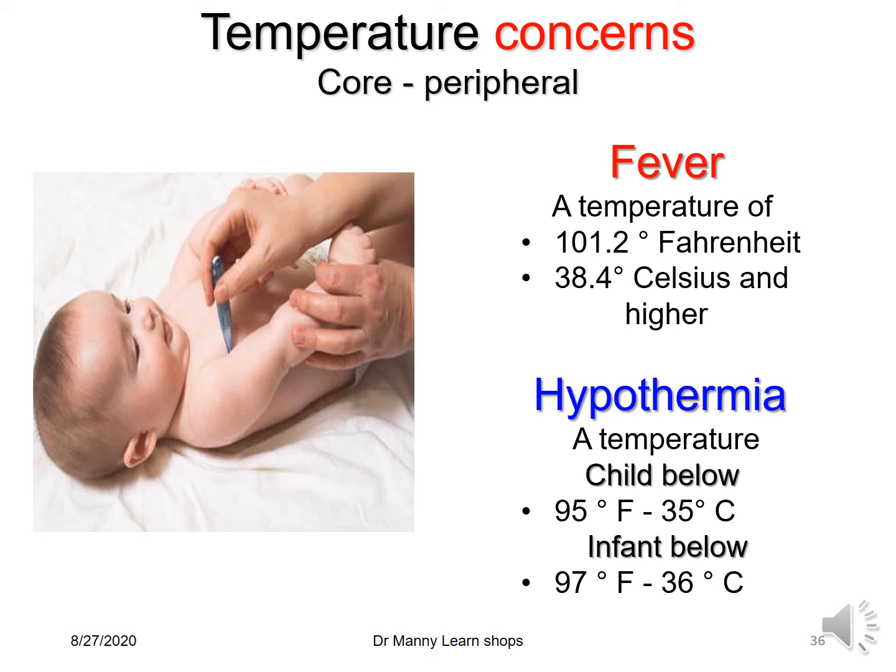In an infant, it's a little bit higher, 36 degrees centigrade to 97 degrees Fahrenheit. They have a smaller body surface area, so they can become colder quicker. They're a concern because we don't want a febrile convulsion and we don't want them to become hypothermic either. Both are life-threatening situations.